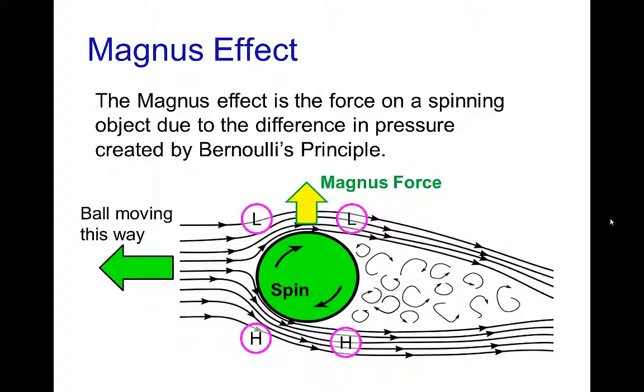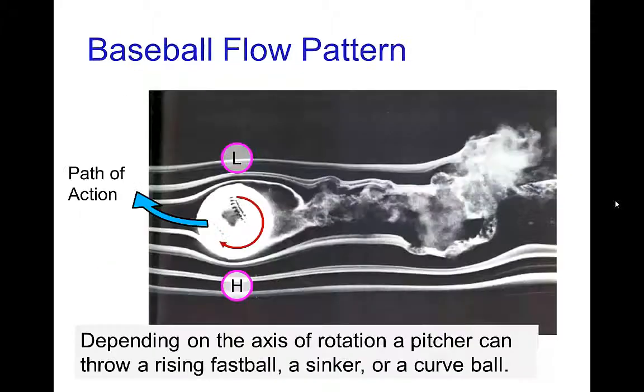So the side where the air is going faster is lower pressure, and then the other side is higher pressure. This gives us a pressure difference, and that leads to a force, and this is called the Magnus force, and this effect is called the Magnus effect.